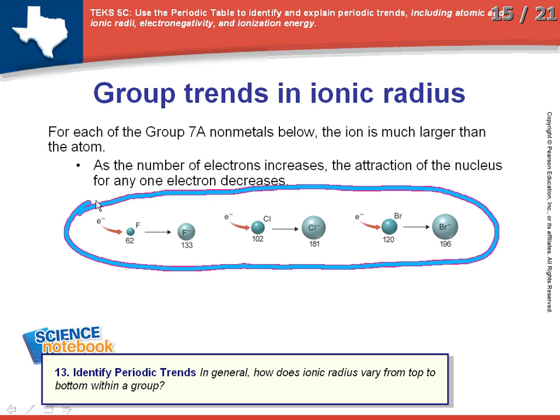Now once again, here's the opposite. All of these are nonmetals, and all of them are gaining electrons to become anions. As the number of electrons increases, so once again with the apple analogy, if we add an apple to the number of apples you're carrying, it becomes harder to carry the more apples you add. You have a looser and looser grip on it.